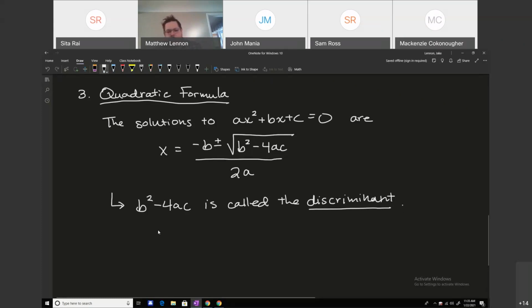In terms of real numbers, there are 3 possibilities. If your b squared minus 4ac is greater than 0, then we have 2 real solutions. If it is equal to 0, you have exactly 1 real solution.